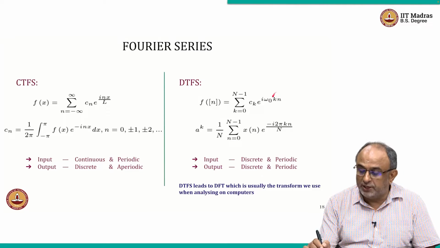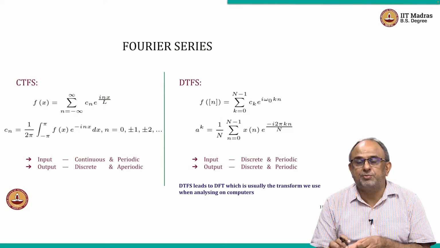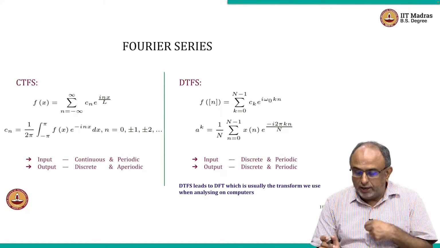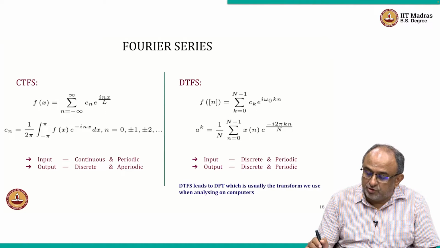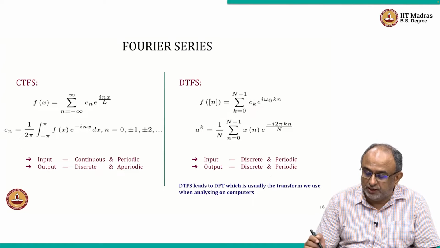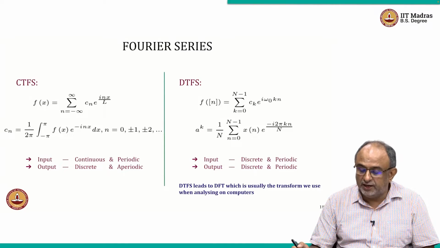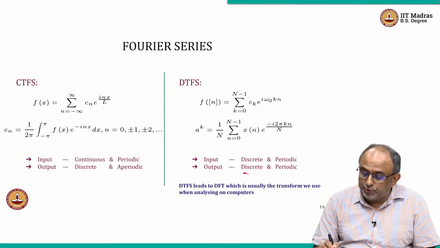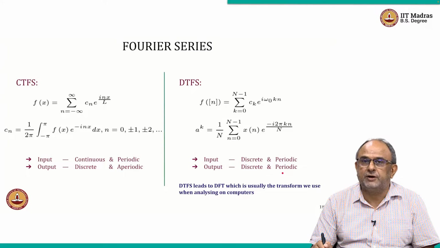That's why we have the variable n here, and they will also be periodic. It should be a of k or c of k, both of them are the same. I should again correct them, and this should be f of n. There are some mistakes that I made, but nevertheless the output also will be discrete and periodic.